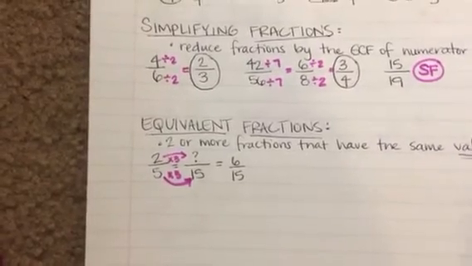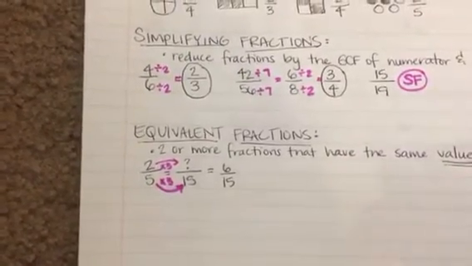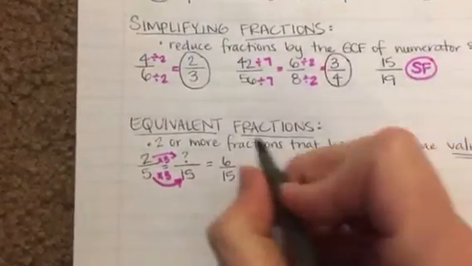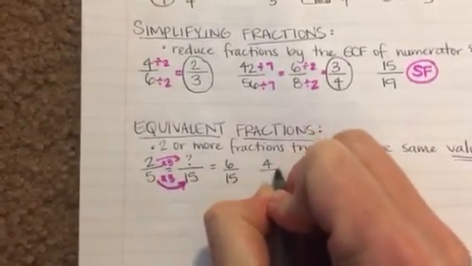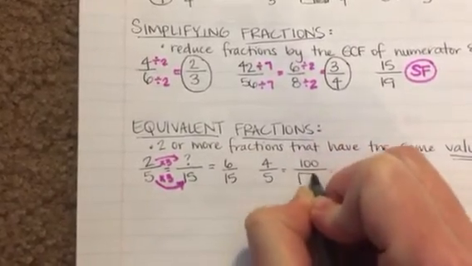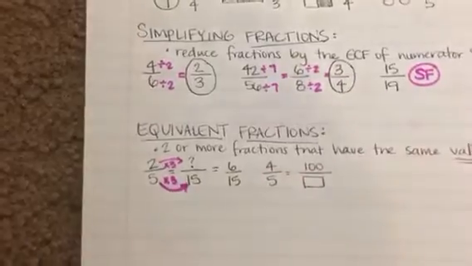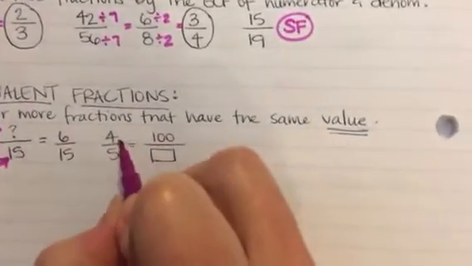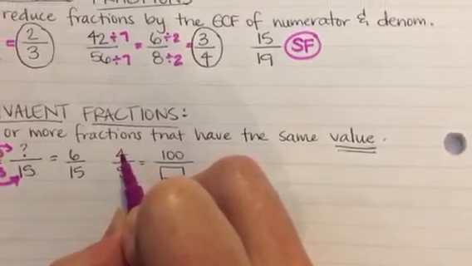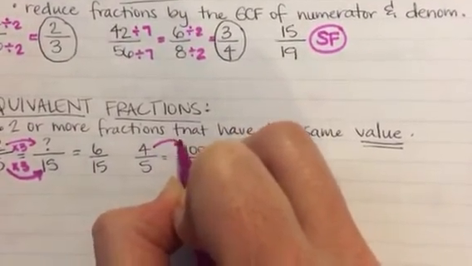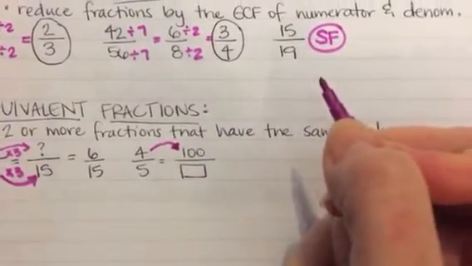You might also see it where the missing number is on the bottom, or the missing number is the denominator. So what if I gave you 4/5? And let's say I just put a box there. So you have to ask yourself, can I jump from a numerator of 4 to a numerator of 100? Guys, this is a skill that we're going to use all year long.